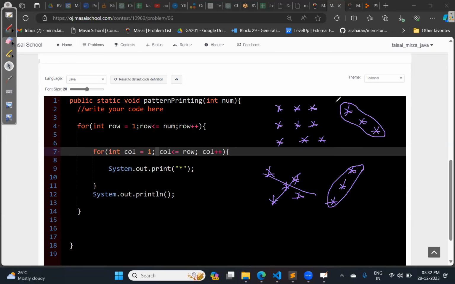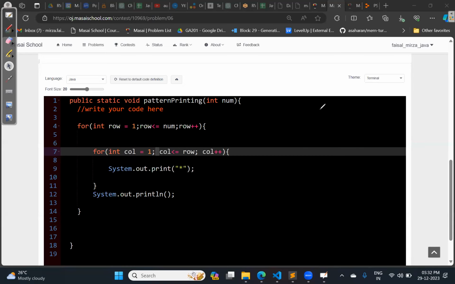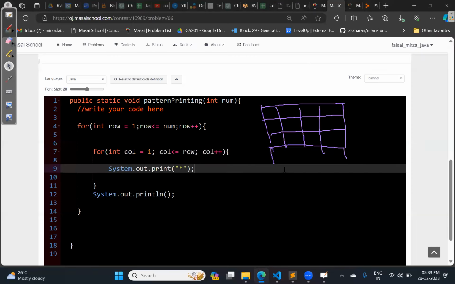Okay, but how we got the idea of how we can print these diagonals? If you observe rows and columns, you can consider this like a 2D matrix. Do you know about 2D matrix? Yes, sir. Okay. So it has the value for column, it has the value of row as well, right? This is 4 by 4. Suppose this is a row 1, 2, 3, 4.